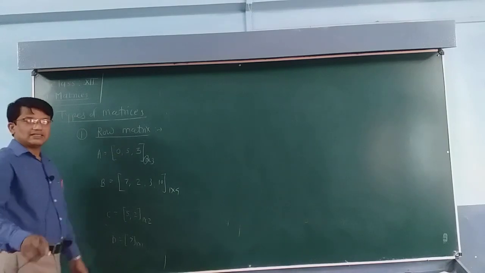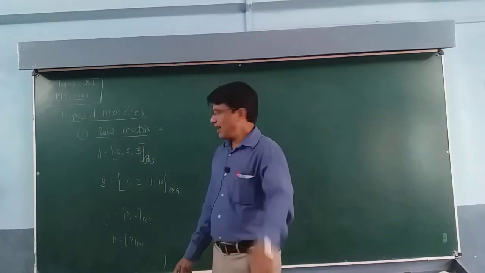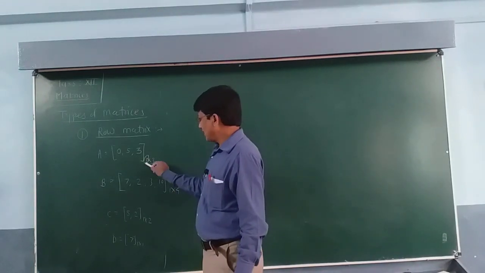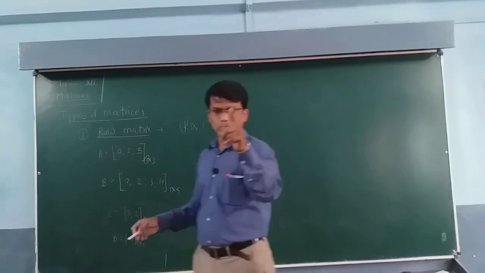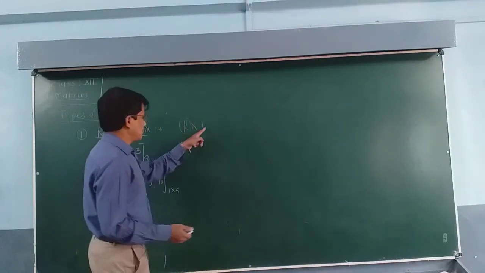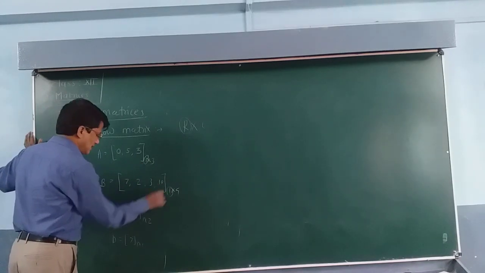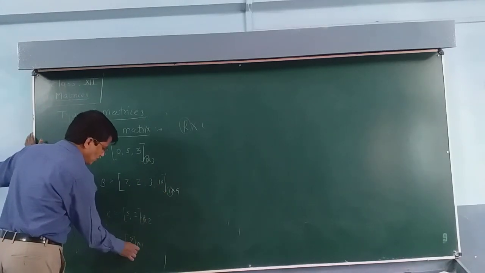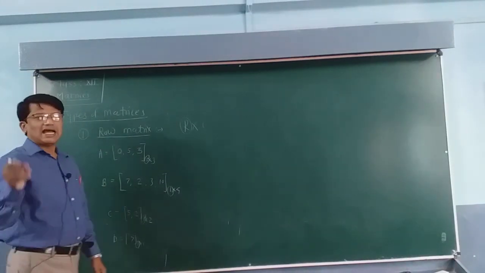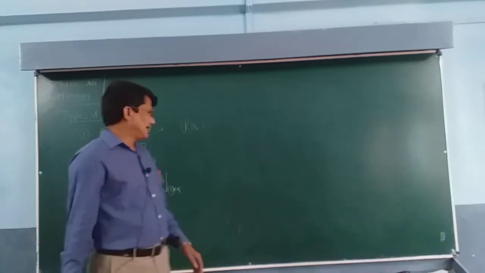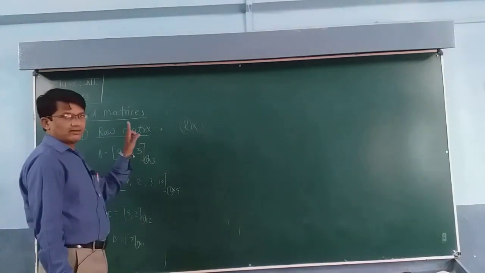So these are examples of a row matrix. Order is R by C: first R represents row and second represents column. So here it is 1, 1, 1, all the matrices having only one row, hence this matrix is called a row matrix.